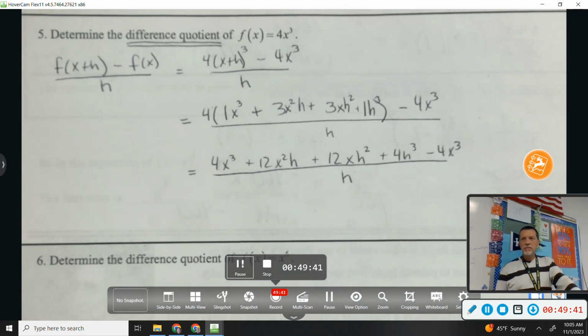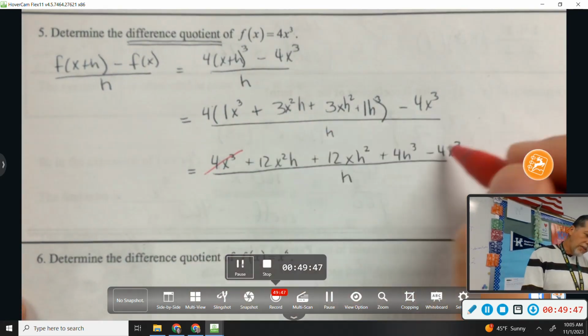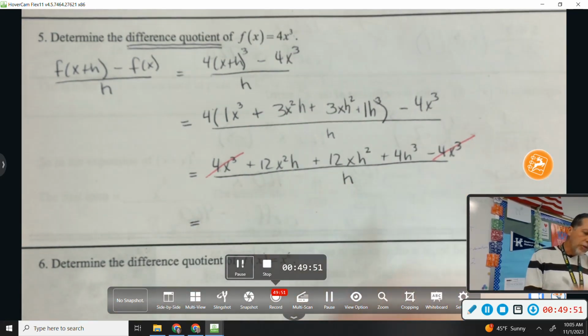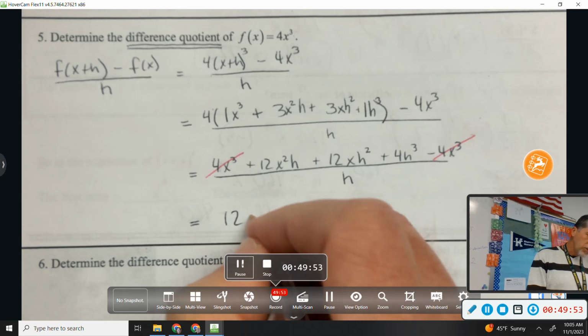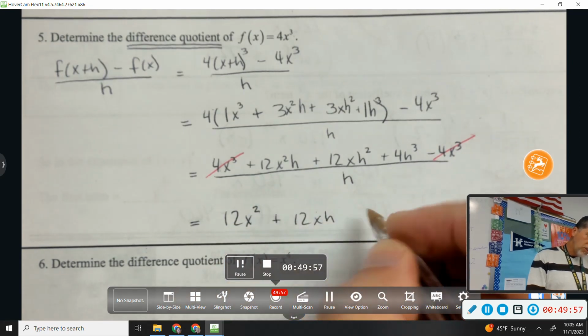Anything we can do there? Cancel out the 4x cubed. Just get rid of the h from each term, and then the h will divide into each term. So 12x squared plus 12xh plus 4h squared.